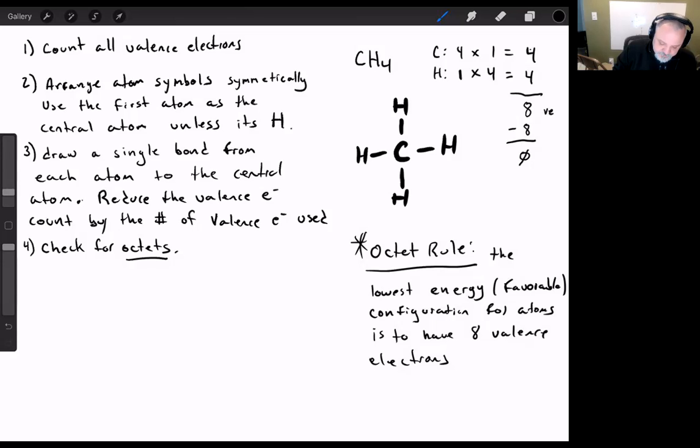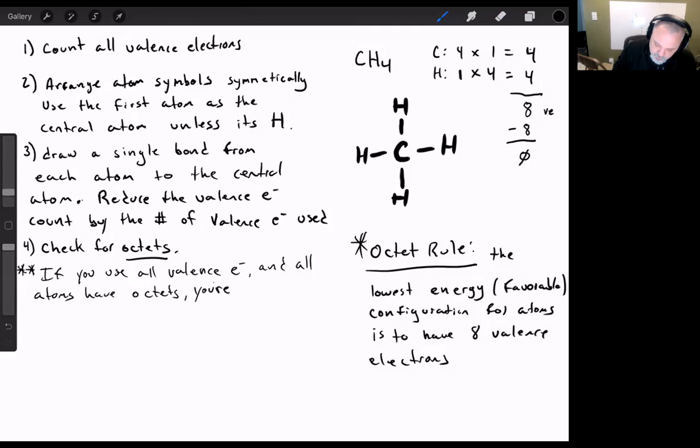Here's the first important statement. If you use all valence electrons and all atoms have octets, you're done.